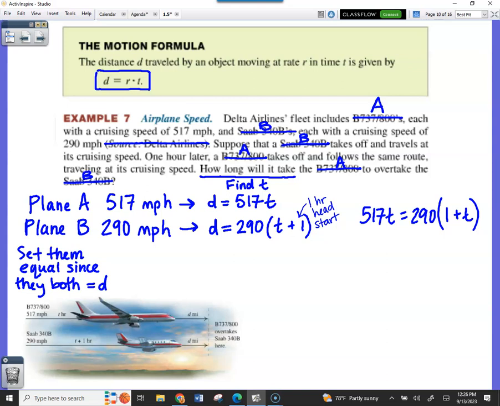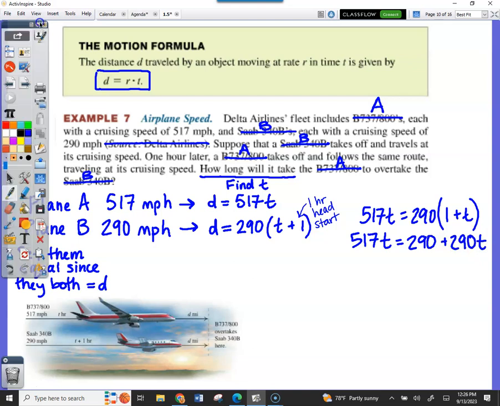So solve it. Transpose my 1. I did that yesterday.